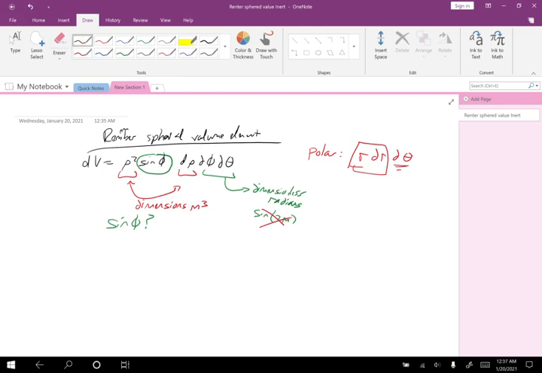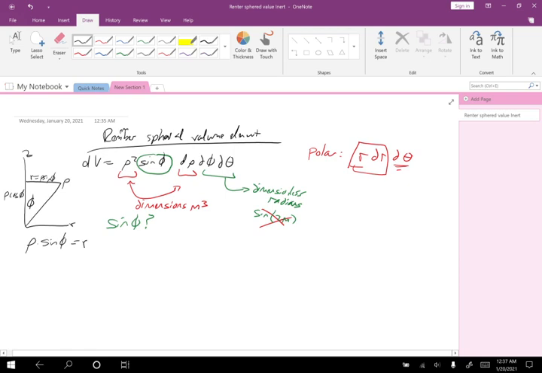I think the easiest way to remember this is by identifying sine phi with r. Sine phi times rho equals r if we go back to our RZ diagram. So if you take the sine, you get r equals rho sine phi, and z equals rho cosine phi.